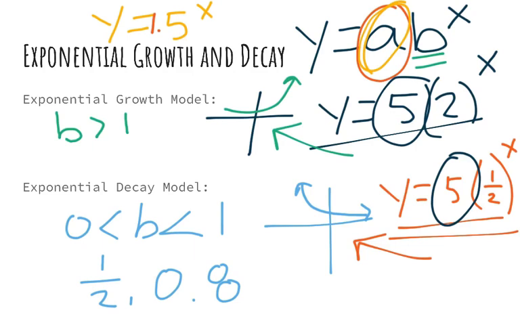So when we would have functions like this where it appeared like there wasn't an a value, although we knew it was 1, it always went through the point (0, 1), both on exponential growth and on exponential decay. So I'm going to mark that point in. And let's think about why that is. If I look at this point, that y-intercept, the x value there is 0.